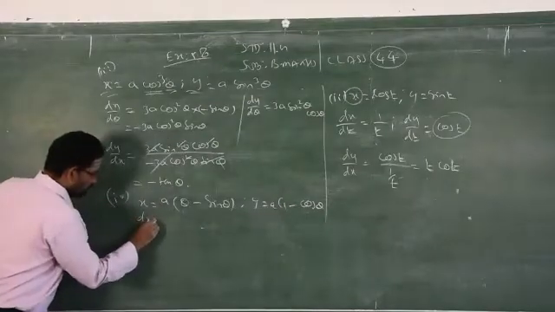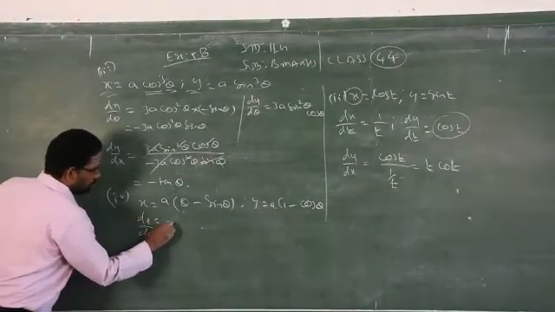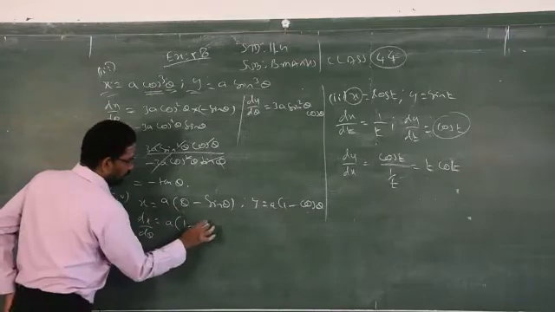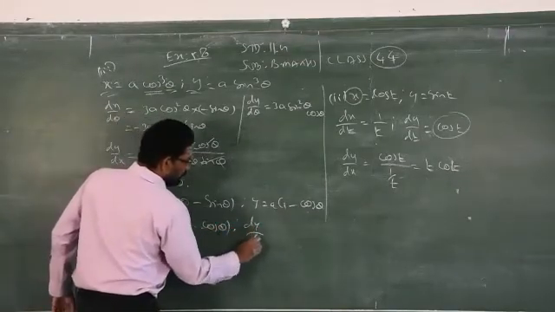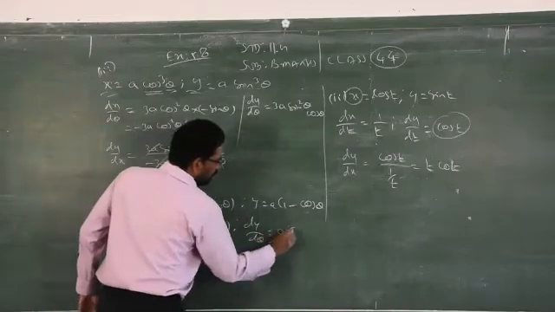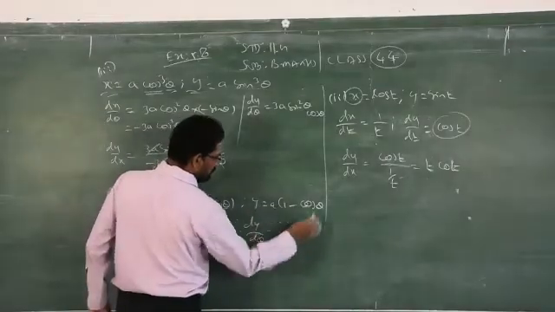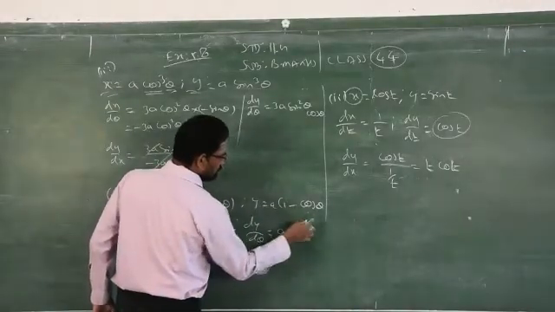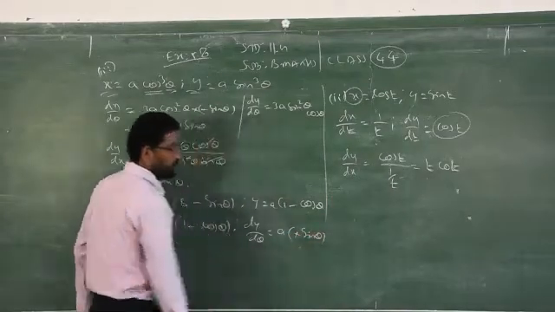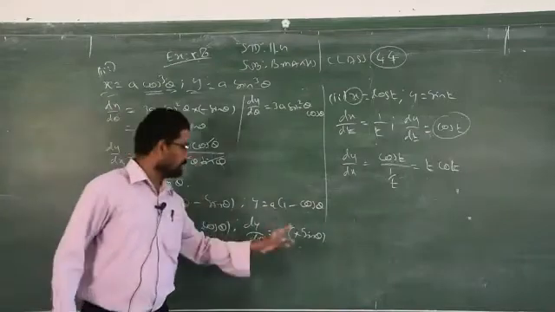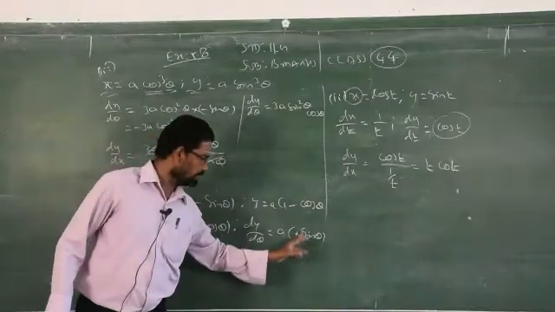So dx by d theta, a theta is 1, sin theta will become cos theta. Then dy by d theta, a, this will become 0, cos theta will become minus sin theta, that is minus into minus plus sin theta. Differentiation of cos theta is minus sin theta, so this minus minus gets cancelled, that is plus sin theta.